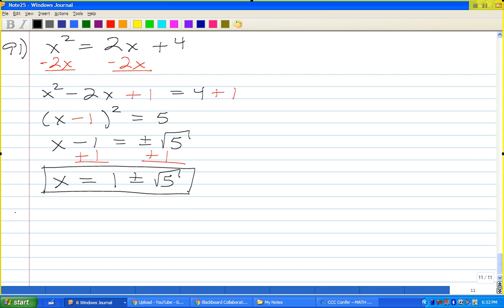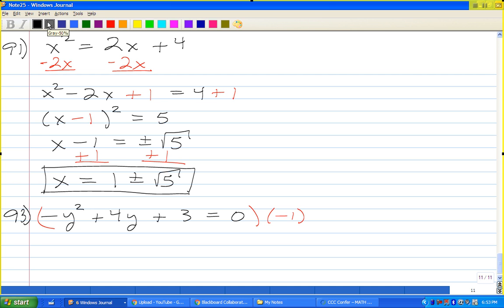Let me do problem number 93. Negative y squared plus 4y plus 3 equals 0. Let me multiply both sides of my equation by negative 1.